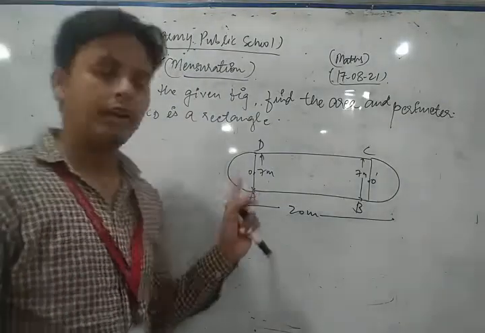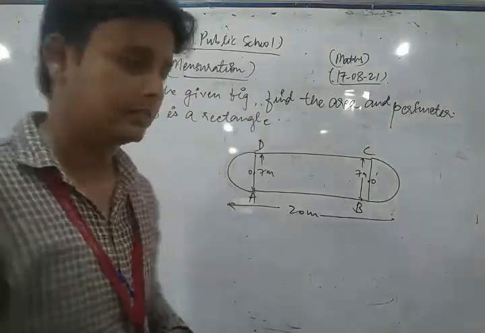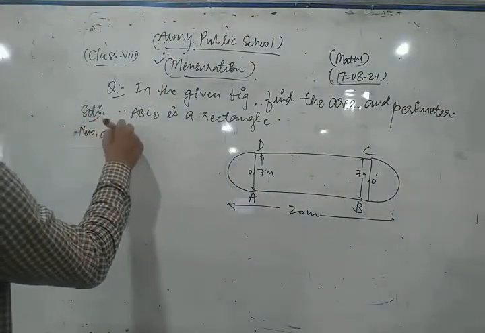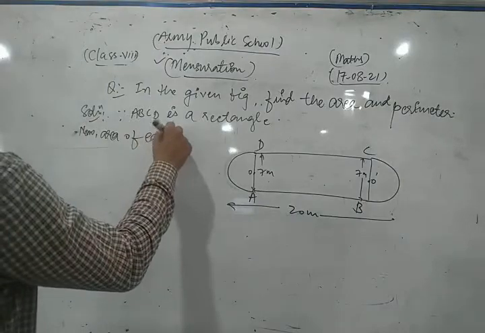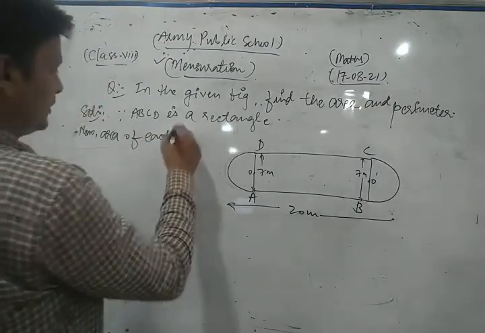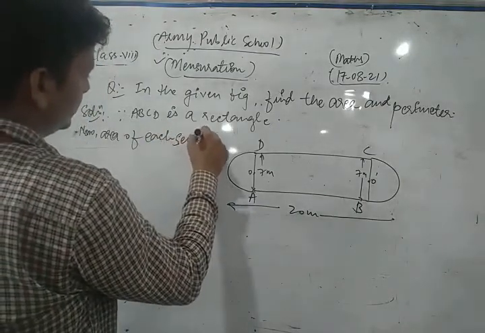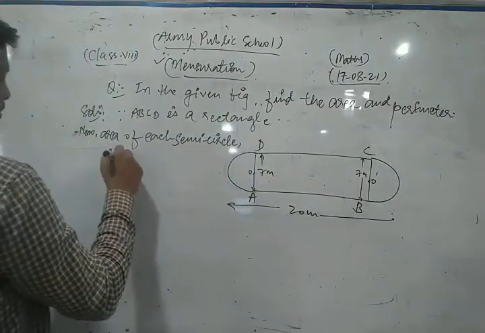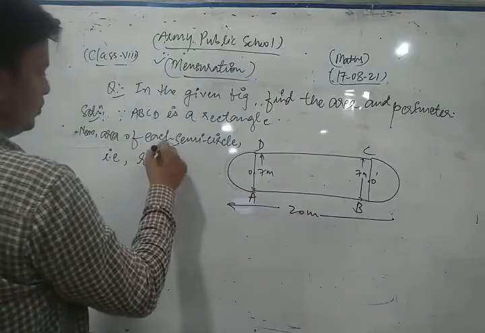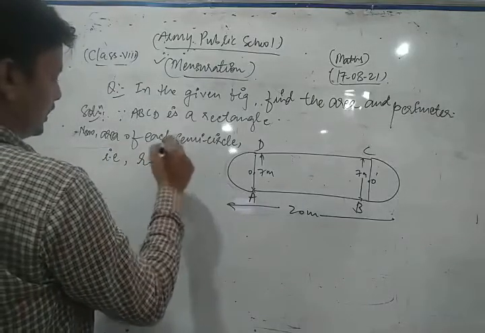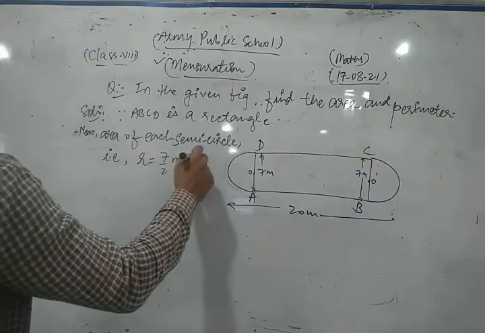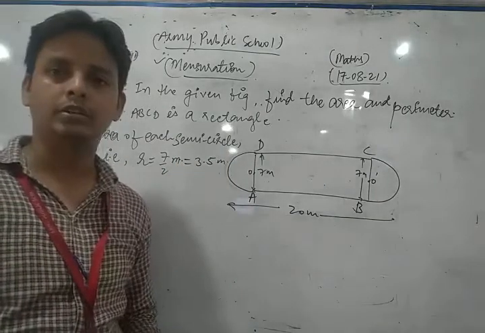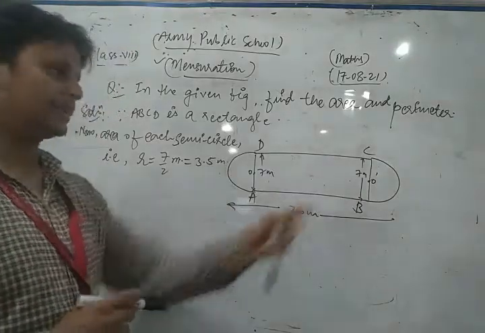So first of all we find the area of each semicircle. That is, R is equal to 7 by 2 meters, which is 3.5. So in this way we find the radius of each semicircle.